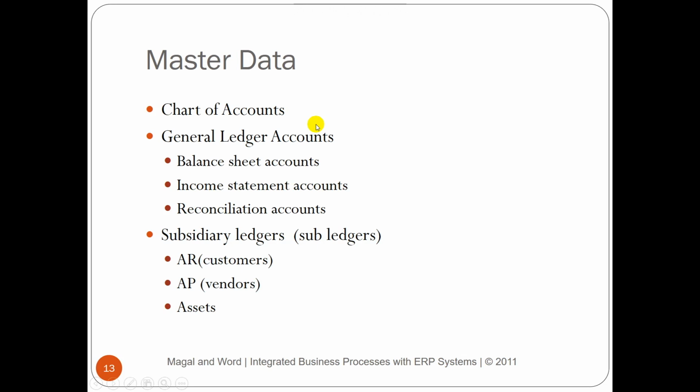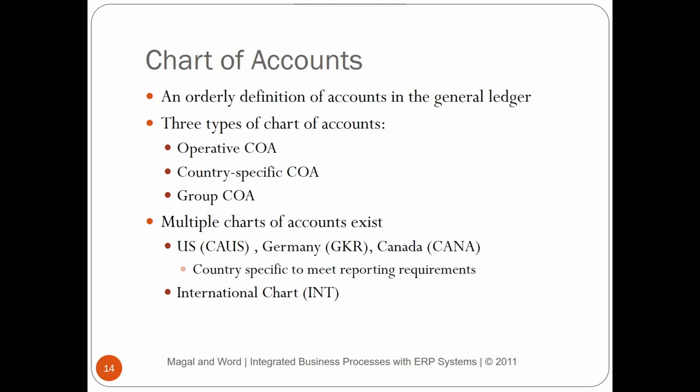One records sales revenues, and other accounts record the costs associated with producing and selling products. So a list of accounts that can be included in a general ledger is called a chart of accounts. And in the next part, we will investigate the chart of accounts and the general ledger accounts.